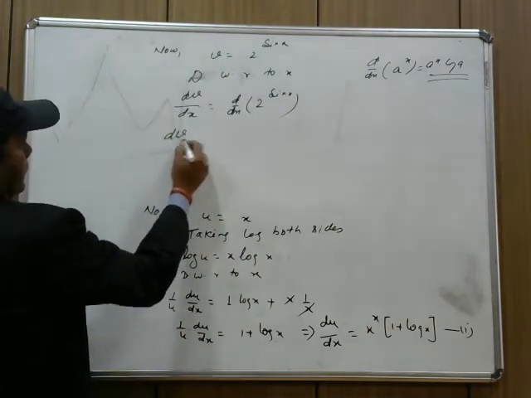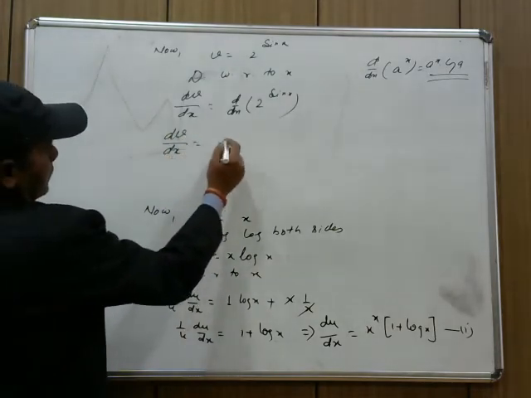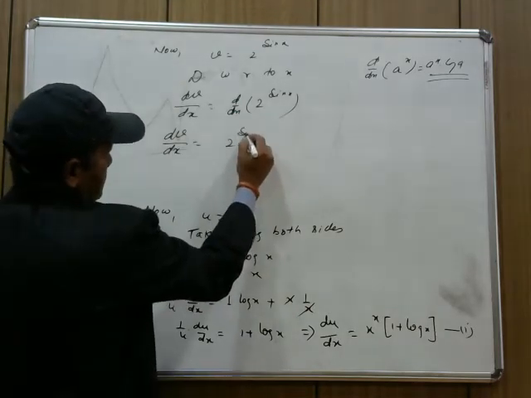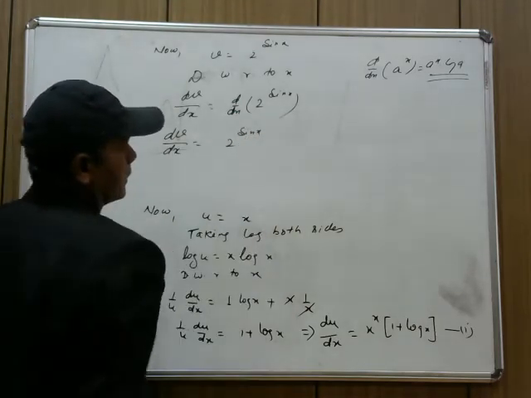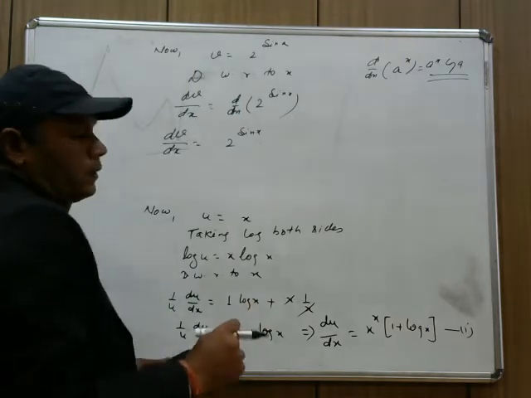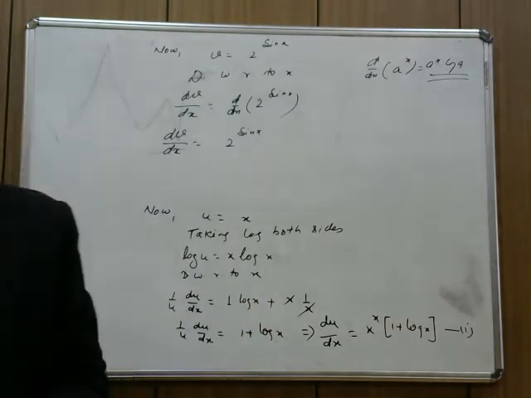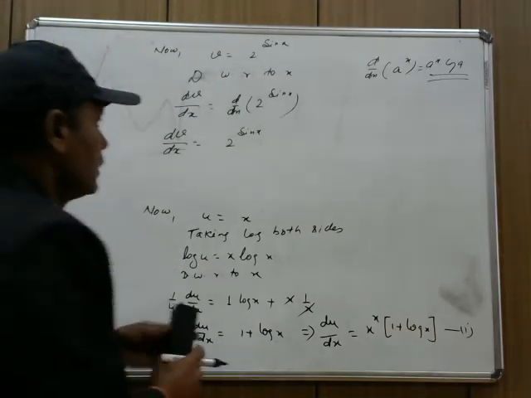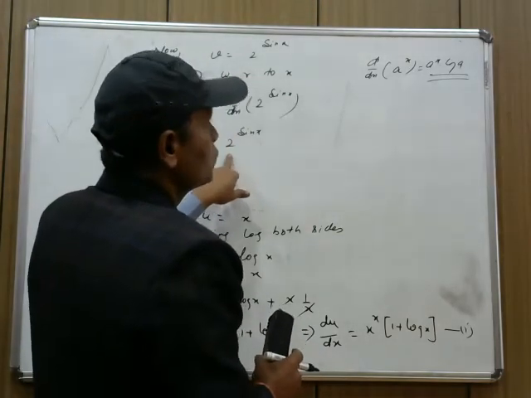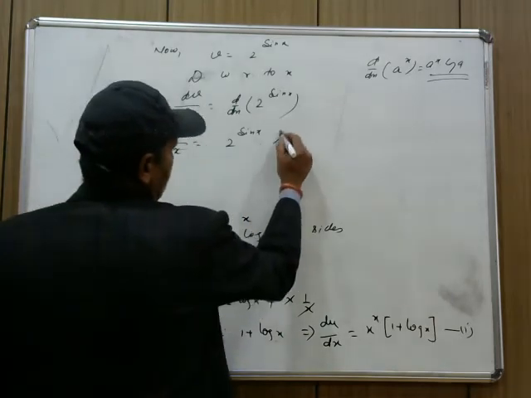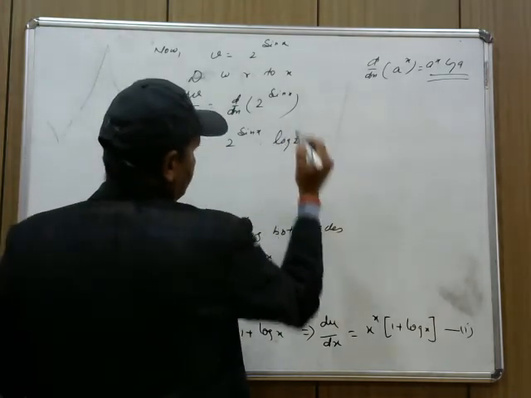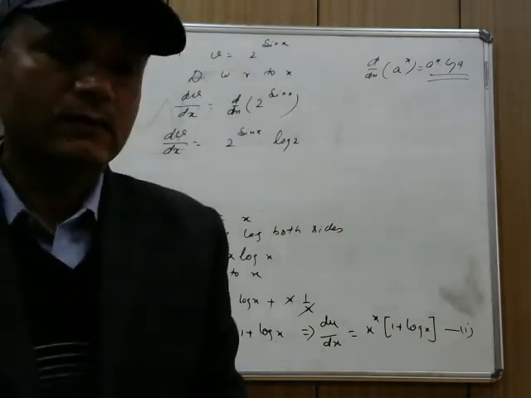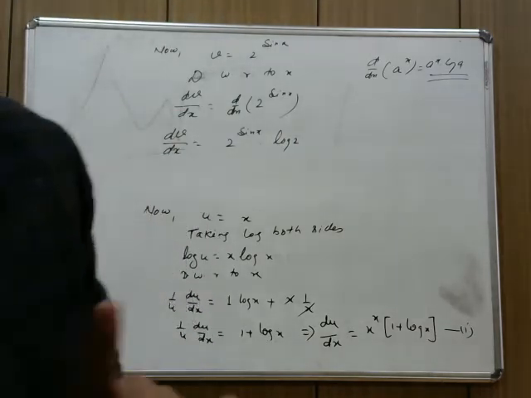dv by dx is equal to the differentiation of 2 to the power sin x: 2 to the power sin x into log 2, a constant term, since in place of a we have 2. Now what is left out? The differentiation of sin x is left.